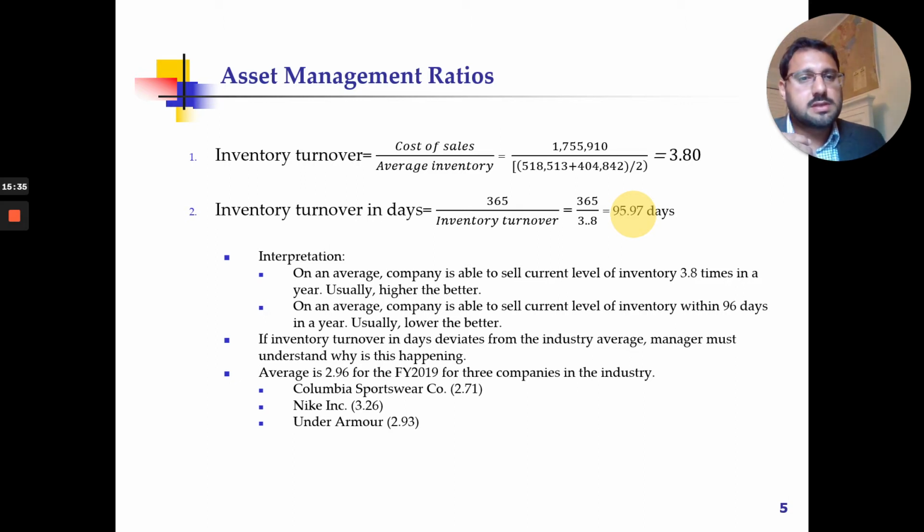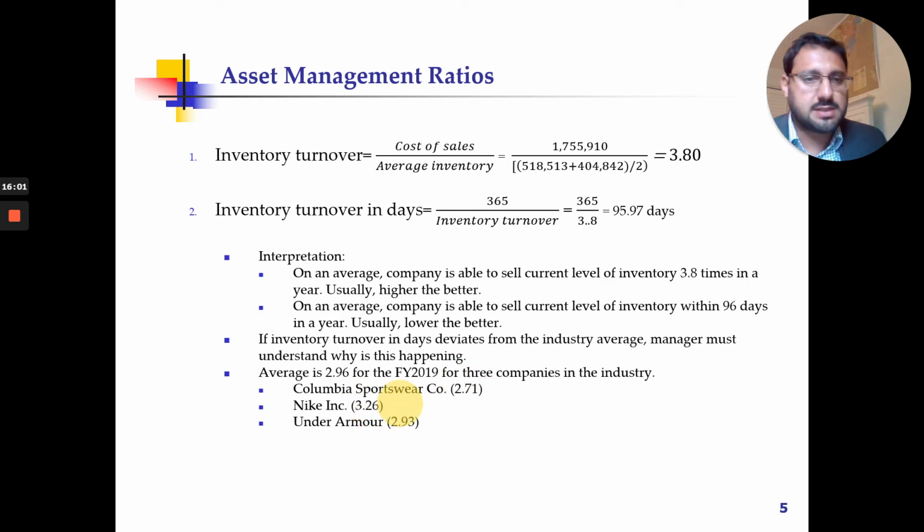I have gone to some extra length, so instead of just considering one competitor, I calculated this inventory turnover ratio for three companies in the same industry as Lululemon. Columbia Sportswear's turnover is 2.71 times, lower than Lululemon.